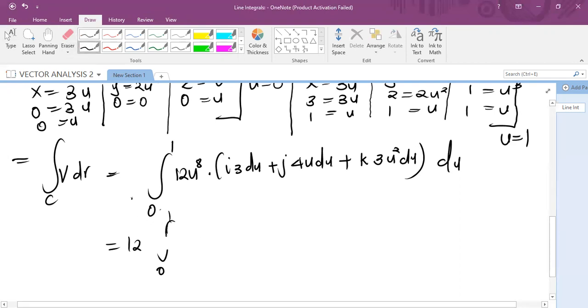So let's have i, then we have 3u raised to power 8 du, multiplying this by this, the 12 I've taken outside the integral sign, plus j, 4u is now raised to power 9 because we multiplied it with this u raised to power 8 du, plus finally k, we have 3 here, and u is now raised to power 10.